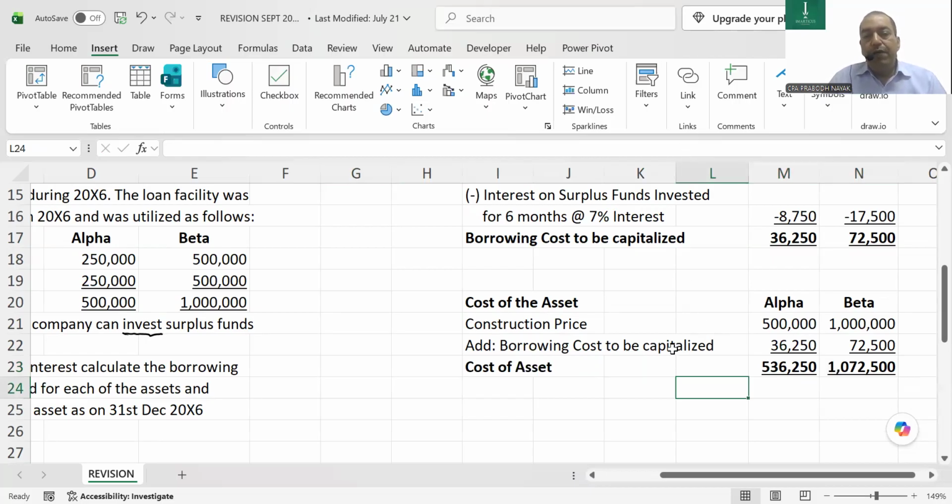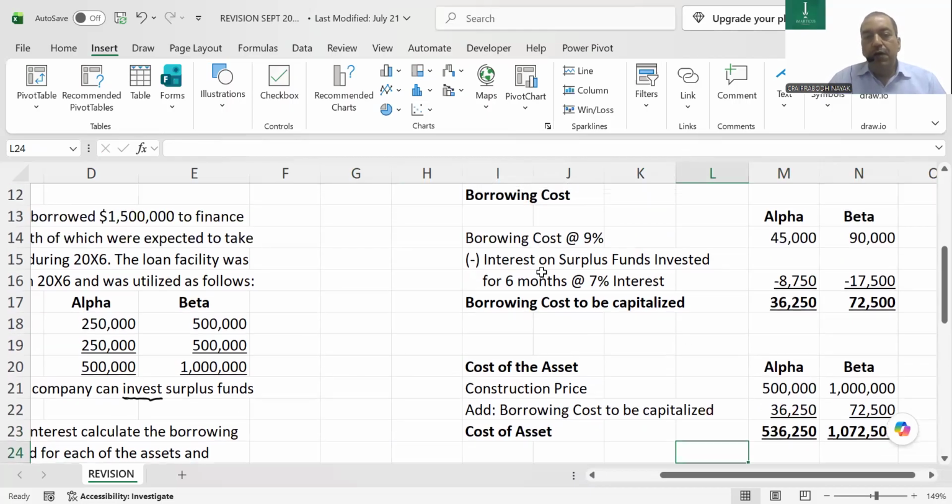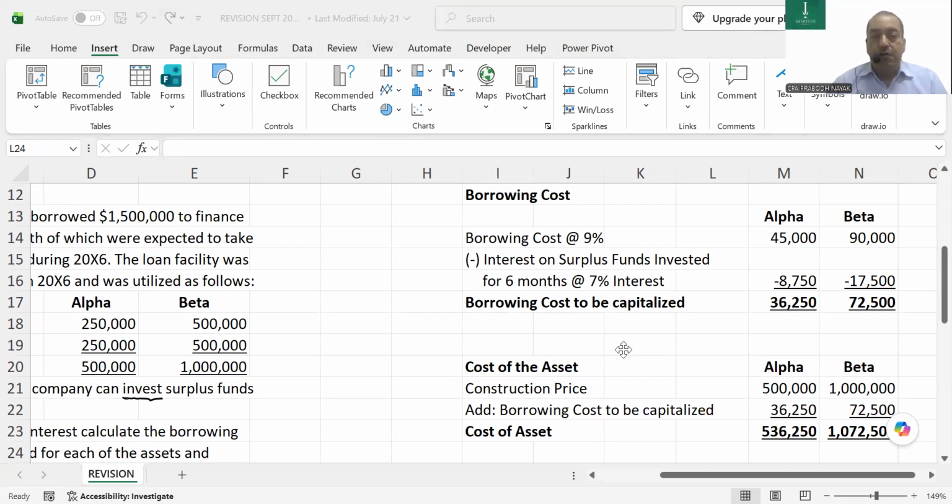So why did I reduce the interest on surplus funds invested? If you recollect, I had told you that interest will cease to exist if I find that the funds are invested somewhere else, and as a result they are not being utilized for the business purpose.